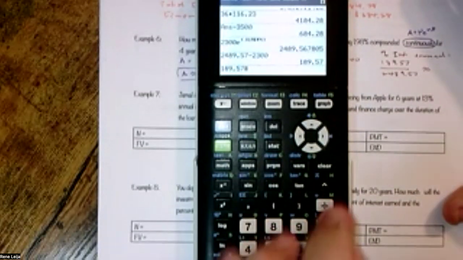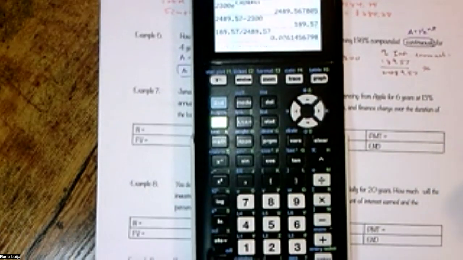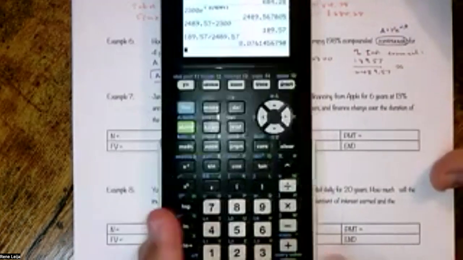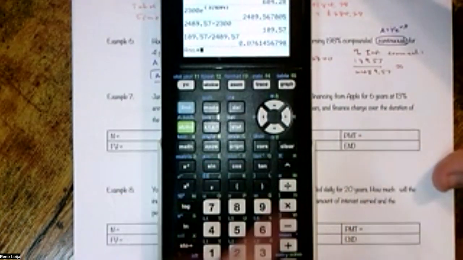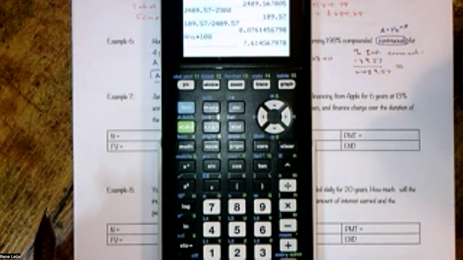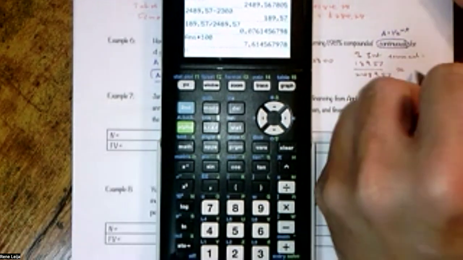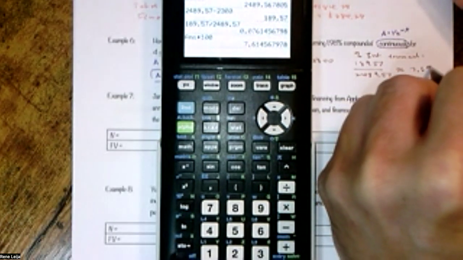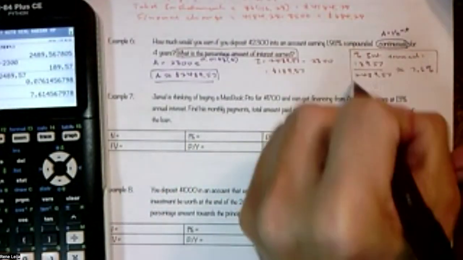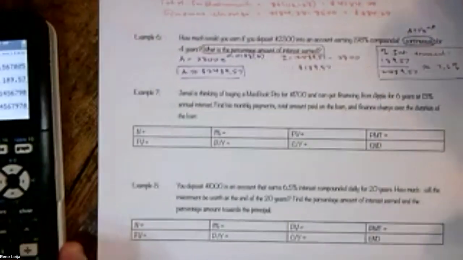So 189.57 divided by 2489.57. If you multiply by 100, now it's a percentage because I multiplied that decimal by 100. Now round this answer to 1 decimal. So this is going to be approximately 7.6%, right? That's your percentage of the interest earned.